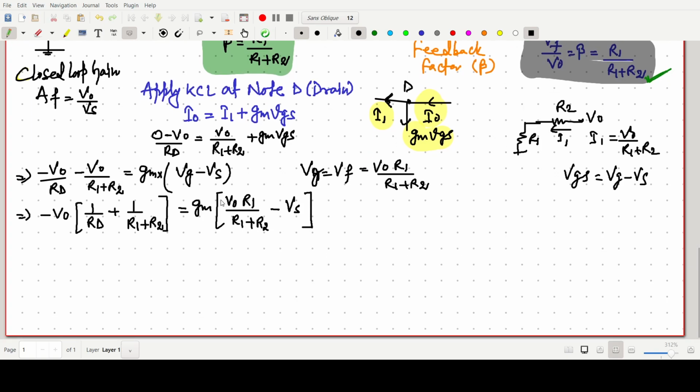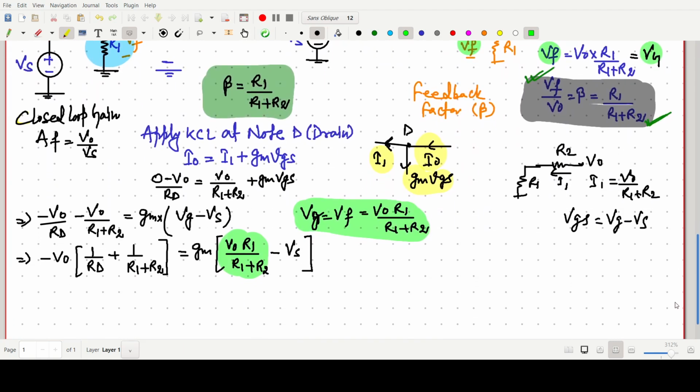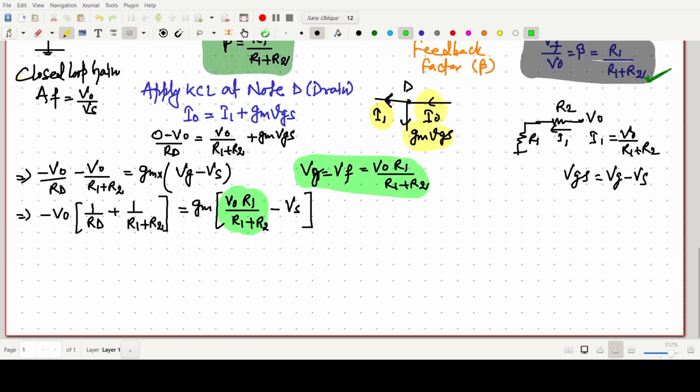Why am I writing this? This VG is nothing but simply VF, so we can write it directly from this expression. VF we have calculated as V naught times R1 by R1 plus R2. Is it okay? So now we have to solve this one only.